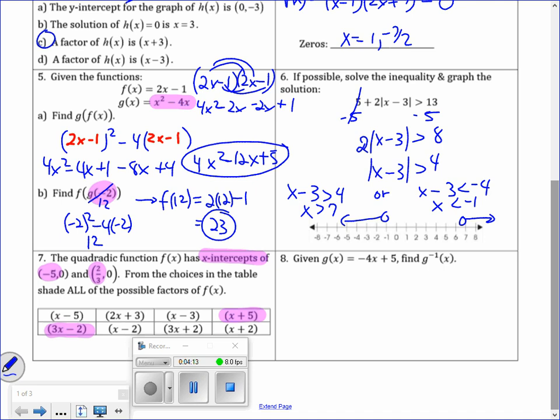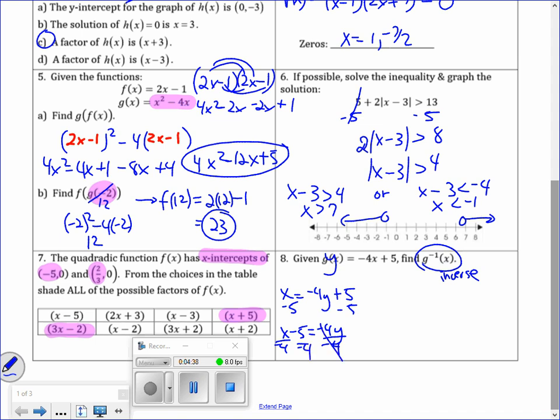All right, this notation on number 8 is talking about the inverse. So the inverse of a function is when you switch the y and the x. So remember, this is y, so I'm going to switch it. I get x equals -4y plus 5. So I go subtract 5 because I'm going to solve it for y again. So I get x minus 5 equals -4y. Divide everything by -4.